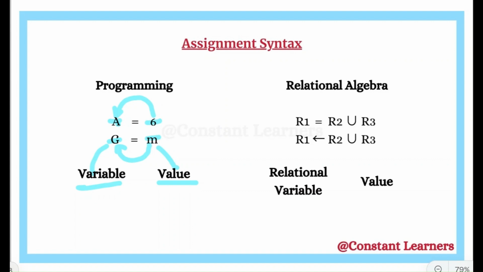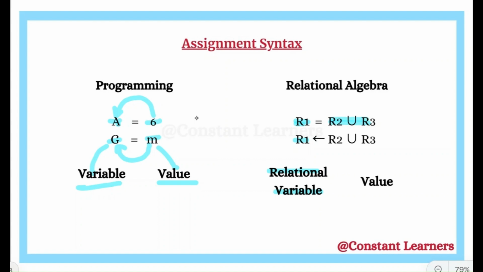Similarly, in relational algebra, we assign values to relational variables. So on the left hand side, we have R1, which is a relational variable, right? Let's say we have a relational expression R2 union R3, and we wish to assign this query's output to a relation, say, R1.